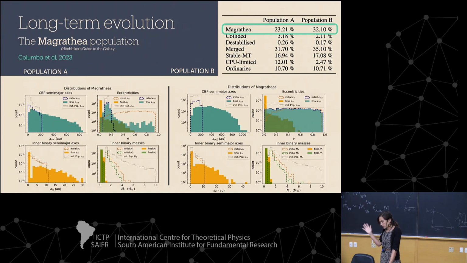As I said, they pile up on the stability limit, which is a function of the separation of the inner binary. If the inner binary has a period of, let's just stick with 1 year, it means that they will pile up with a period of 4 to 7 times the inner period, so it will be 7 years.